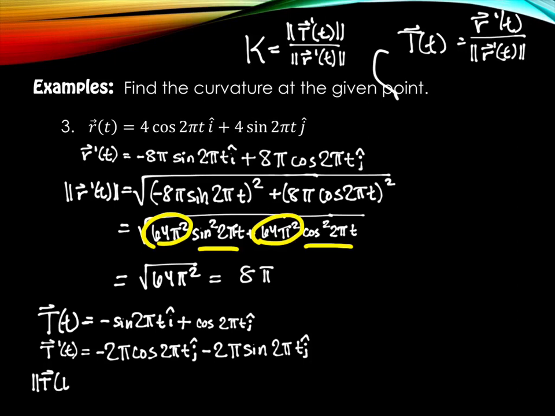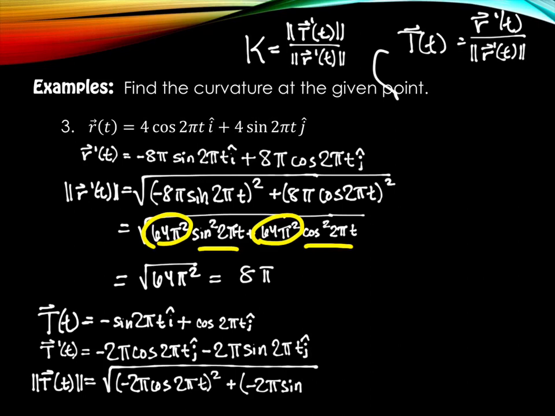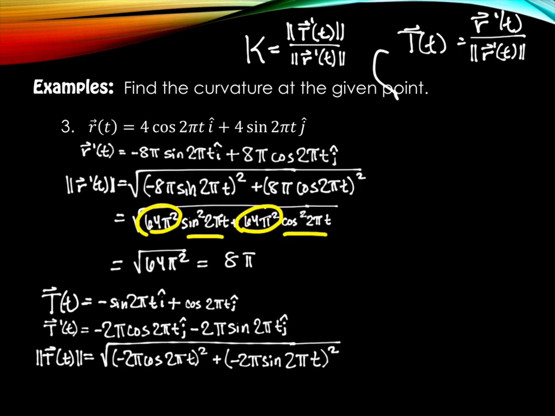But again, it's going to feel a lot like the magnitude we already found, right? The square root of negative 2 pi cosine 2 pi t squared plus negative 2 pi sine 2 pi t squared. Same thing we did before.